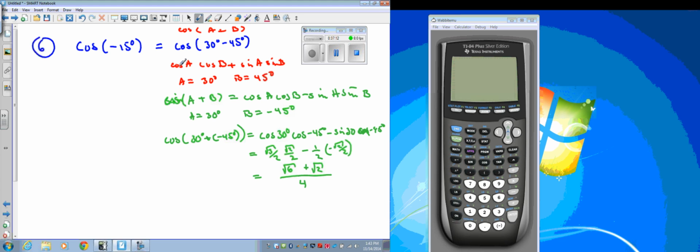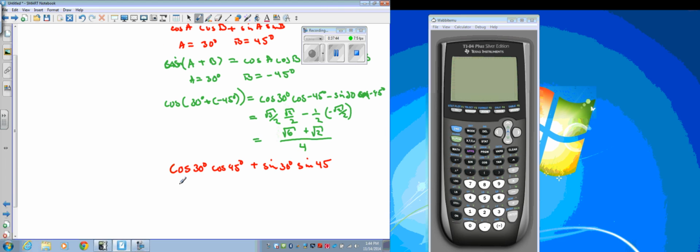So I'm just going to do that. I'm going to put cosine of 30 degrees, cosine of 45 degrees, because here A is 30, B is 45, and then plus sine of 30 degrees, sine of 45.